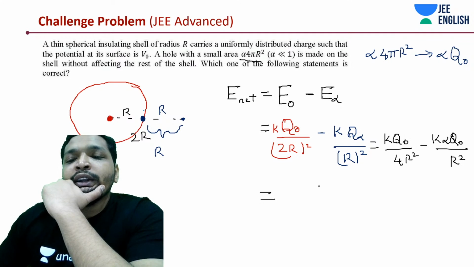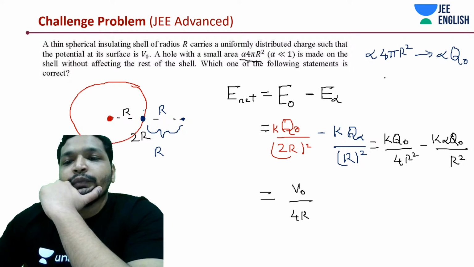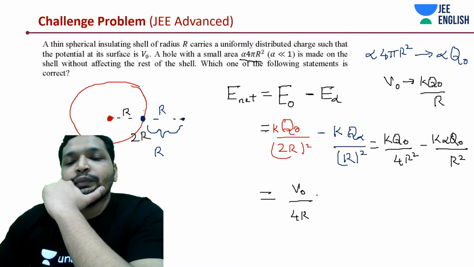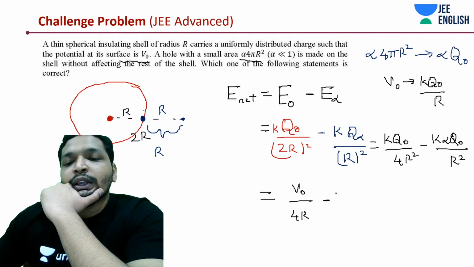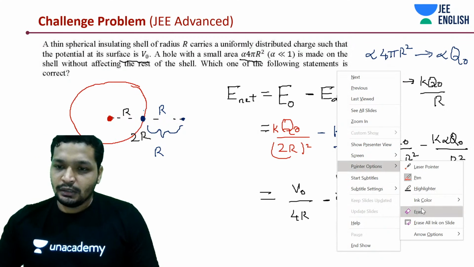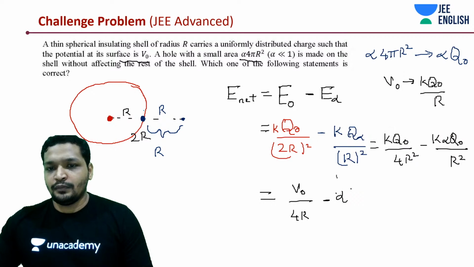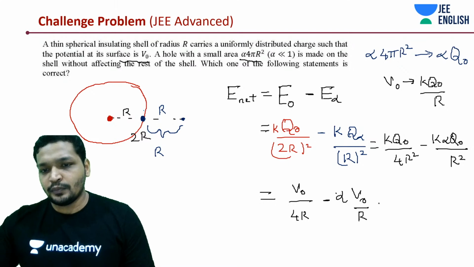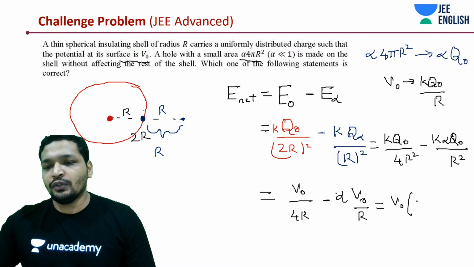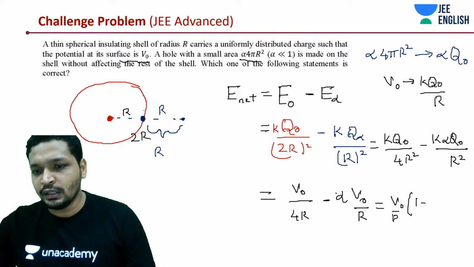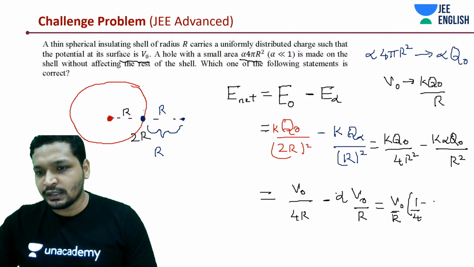So K into Q naught by R is V naught, so V naught by 4R minus alpha into V naught by R. It's going to be something like this: V naught by R into 1 by 4 minus alpha.